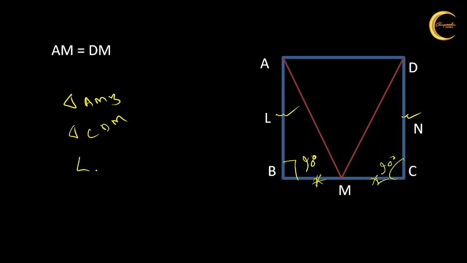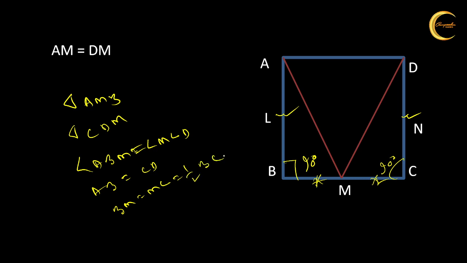If I write here this angle ABM equals angle MCD, and these two sides AB equals CD, and BM equals MC equals half of BC.